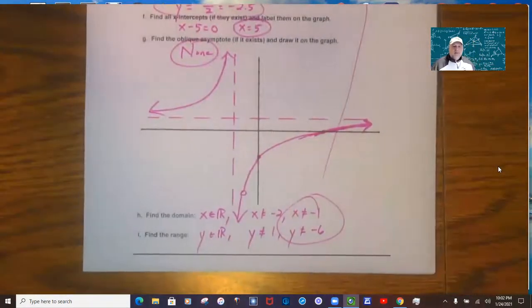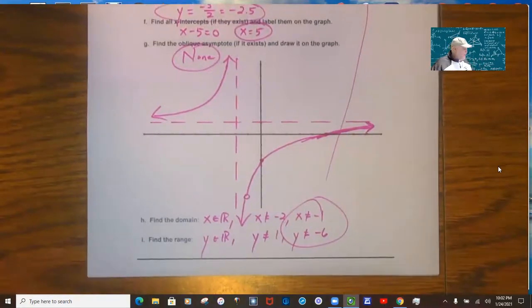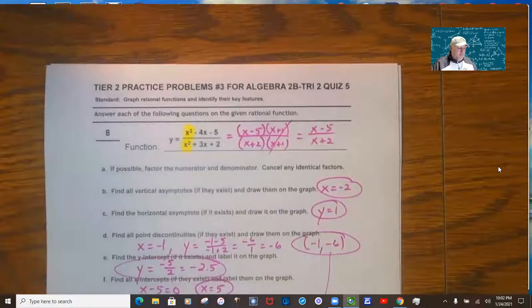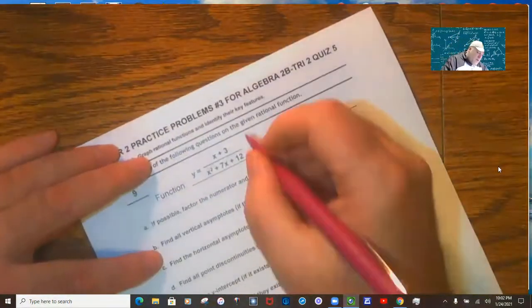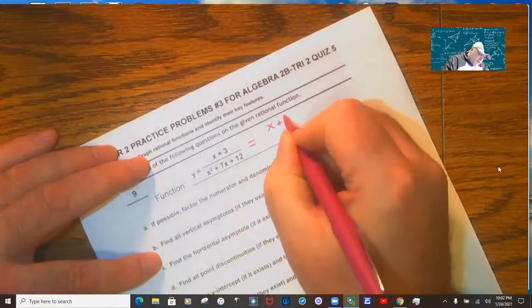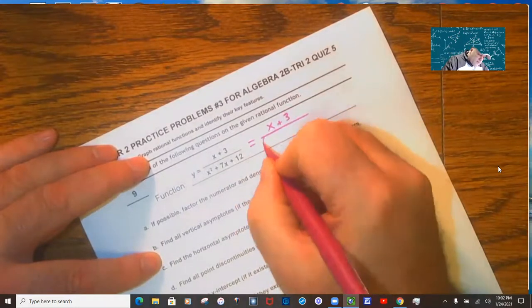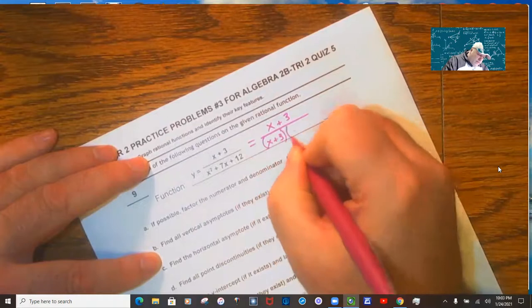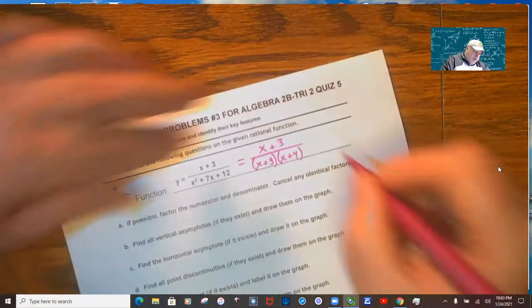Okay, over and over and over, you get the feel of this. Hopefully, make sure you get the factoring right in the beginning or everything will be off. And generally, I set the factoring up so that there will be canceling. So make that an expectation.